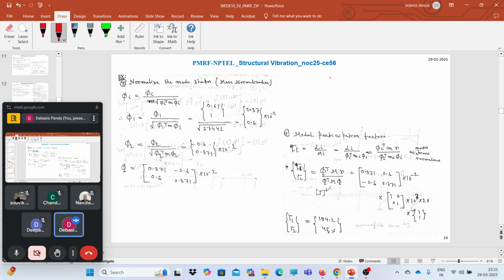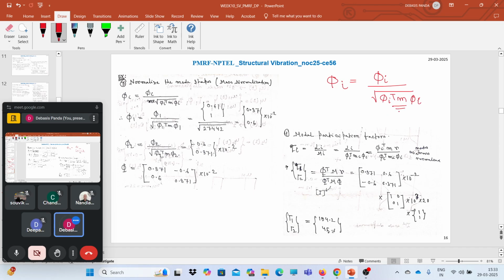We know how to do the mass normalization. Say I want to normalize the ith mode. It will be nothing but phi i divided by the square root of phi i transpose m phi i.